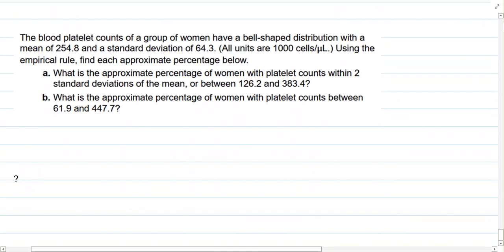The blood platelet count of a group of women have a bell-shaped distribution with a mean of 254.8 and a standard deviation of 64.3, all units in 1,000 cells per microliter. Using the empirical rule, find each approximate percentage below. So we're going to draw our bell curve.